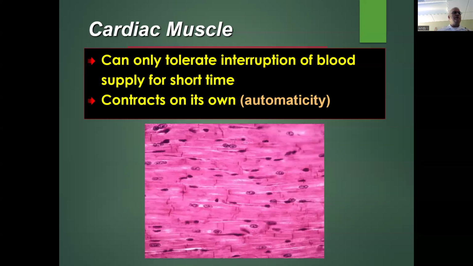So the cardiac muscle is very, very on purpose greedy. It needs blood because it can only tolerate that interruption for an extremely short period of time. If it goes longer than that, you start to lose heart tissue and heart muscle. But each of those cells in the heart has the ability to contract on its own. That's called automaticity. Amazing.